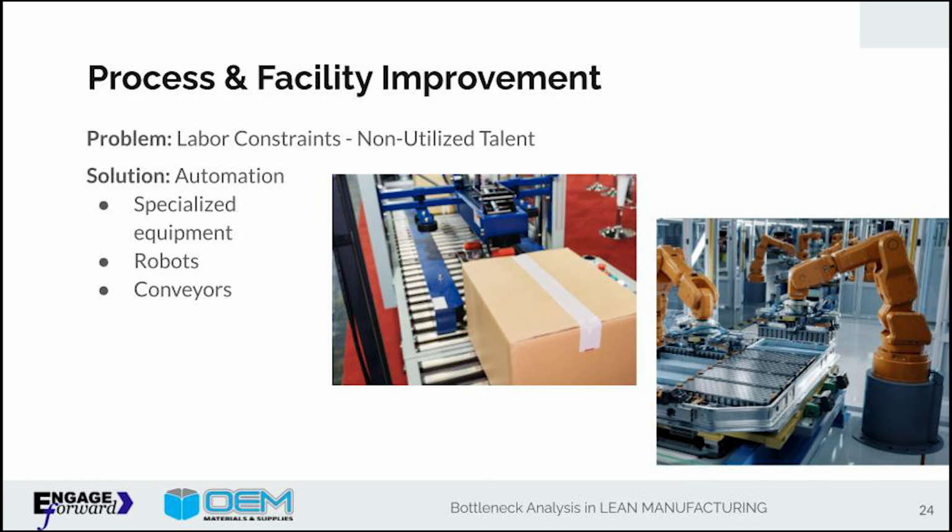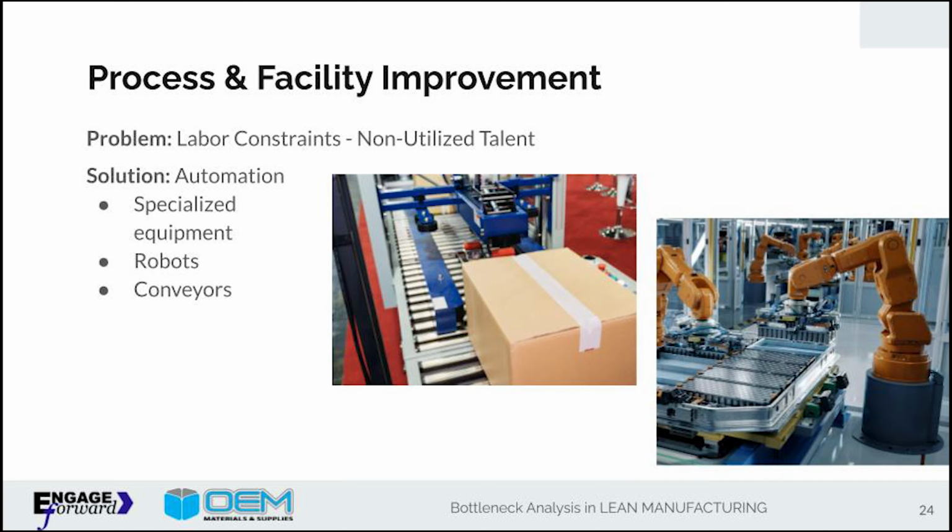So this one is on non-utilized talent. And the call here is automation, specialized equipment, robotics, and conveyors. We know that one of the largest wastes is not having the right people in the factory. There is a lack of skilled people.